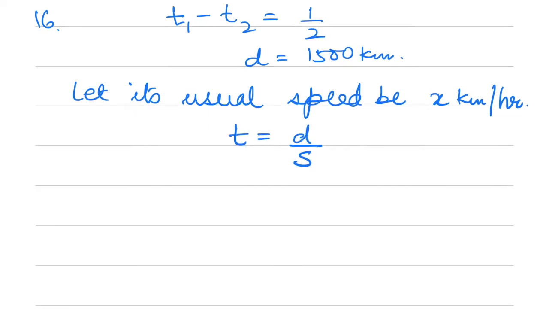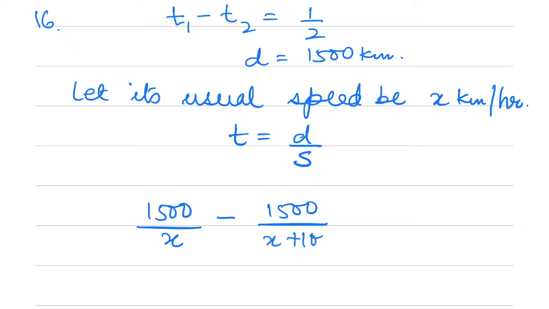For the first time, distance was 1500 and speed was x. Now for the second time, distance was same, but the speed they had increased by 100 km per hour, so x plus 100, and this is equal to half.